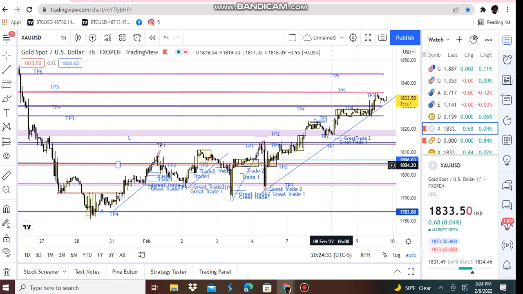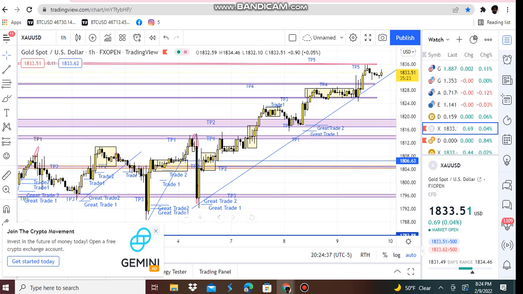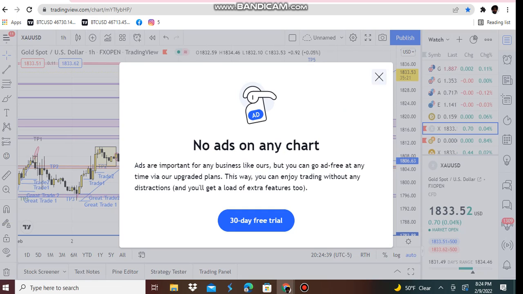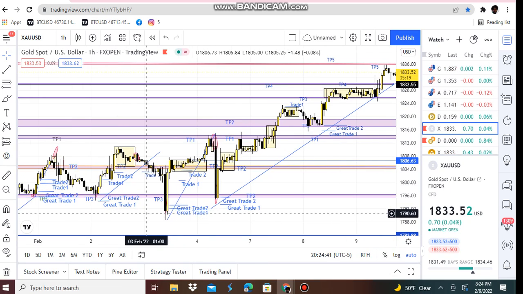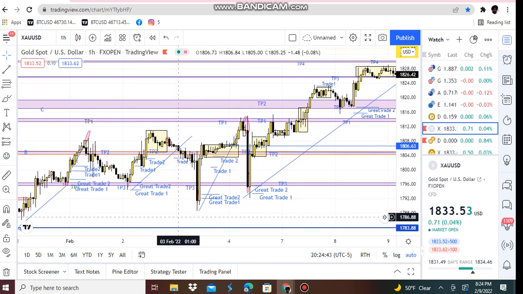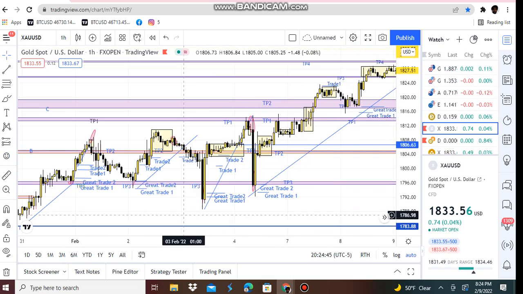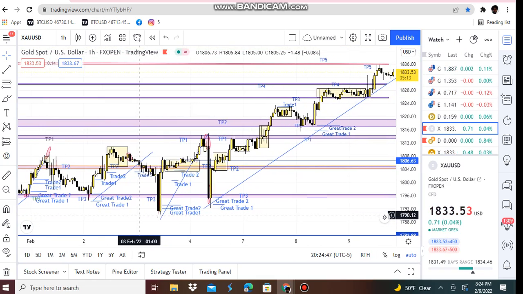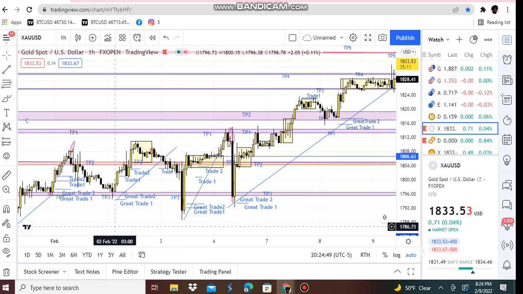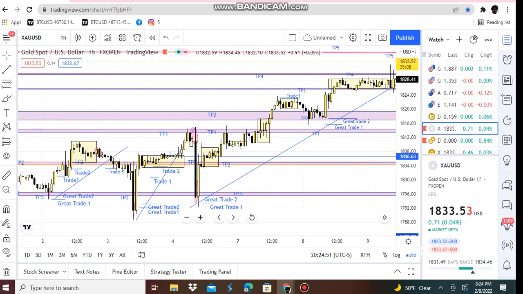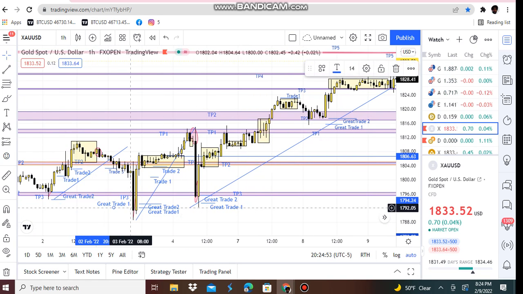We're now going to focus on entries, and explain it on the 1 hour as well, so you can see we're in an overall direction. It's an uptrend. It started at take profit 4, and now we're all the way at take profit 5. So scroll in a little bit more. Go back.